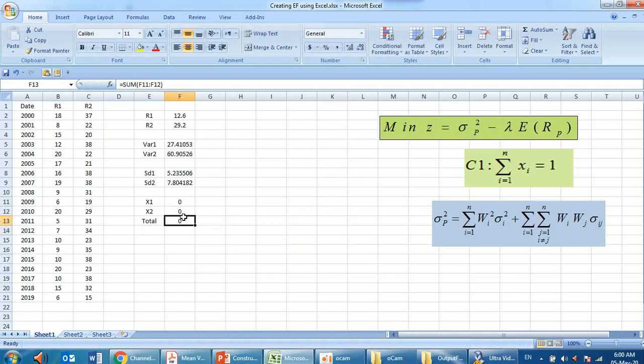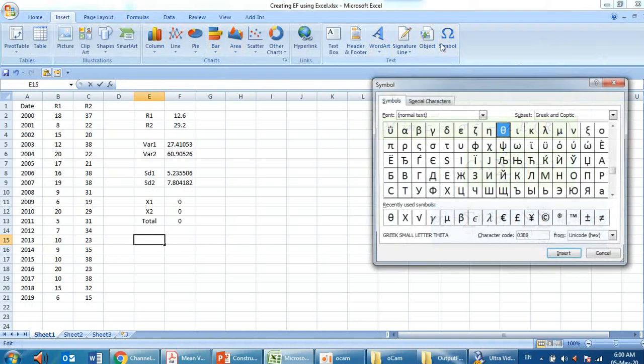Because the weights are 0, the sum is also 0, but it should be 1 over here. Now first of all, we will calculate the portfolio risk, then the portfolio return, and we'll get some lambda values.